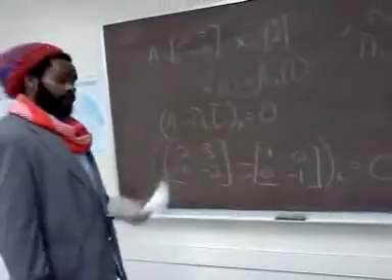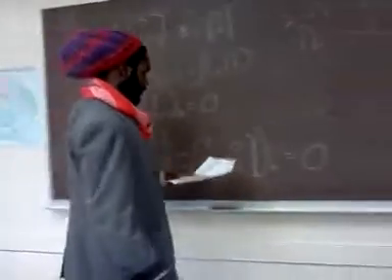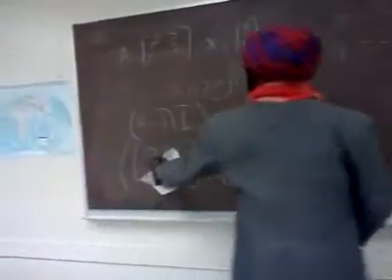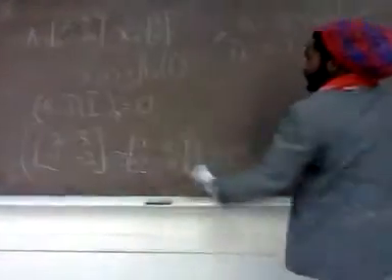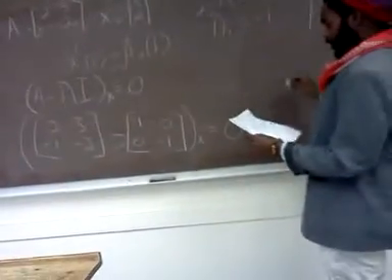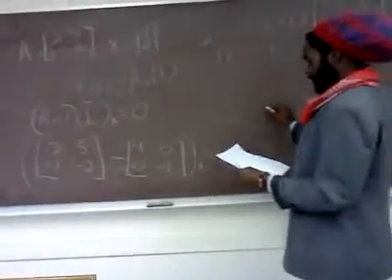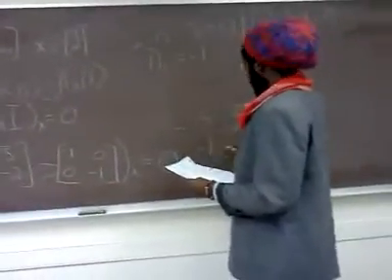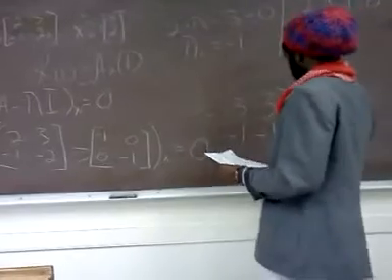Now we need to go through and solve for x. In doing so, we're going to take 2 minus negative 1, which is 2 plus 1. So it's going to give us a corresponding matrix of 3, 3, negative 1, negative 1.